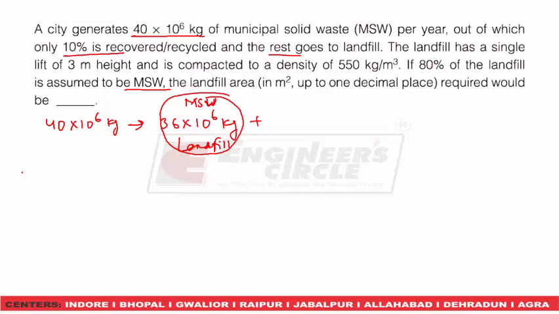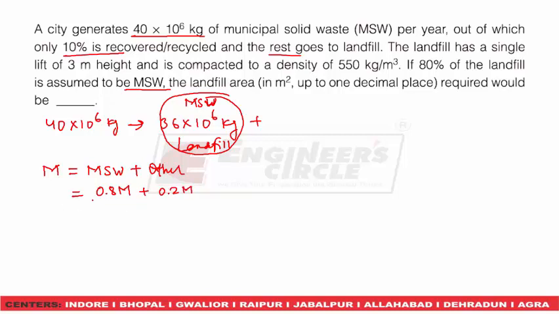So let the mass of solid at the landfill be M. So this M will be equal to MSW and the other solid, and it is given to us this is 80%. So if this is 80%, it will be 0.8 M and this will be 0.2 M.